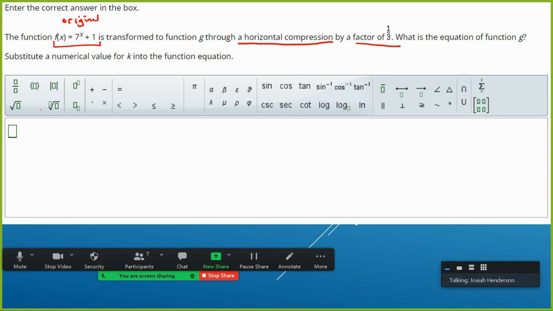So we know that horizontal compressions, that means the change we do is going to be inside the parentheses. Or maybe we should say it's inside the parentheses, but it's also with the x itself.